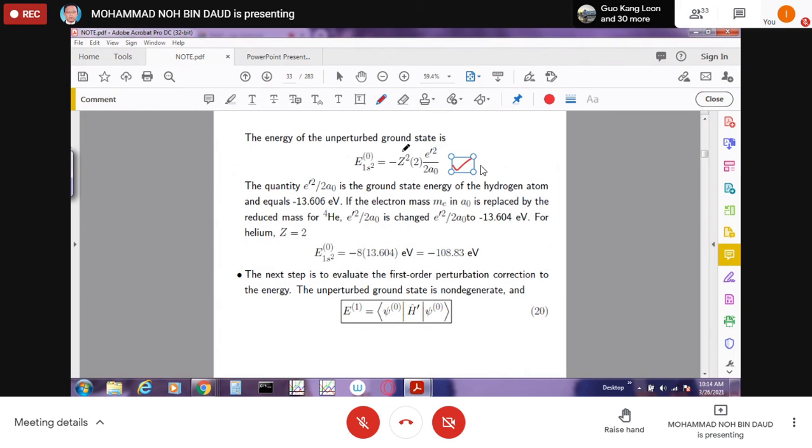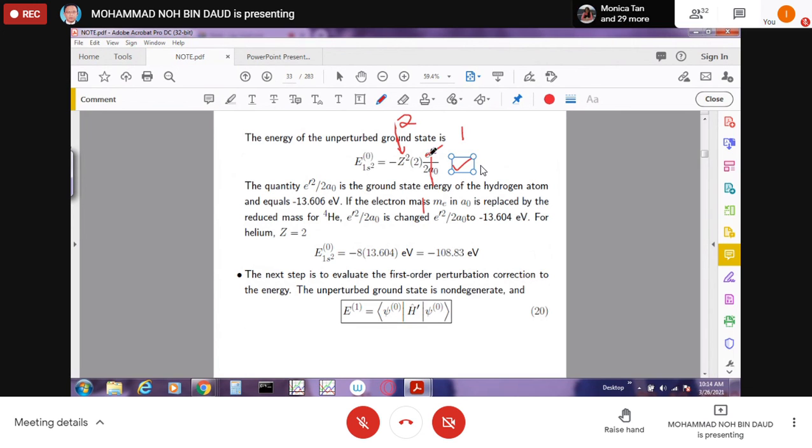So you can solve this. The number of protons here is 2, and this is 1 in atomic units. You can also convert the atomic units to electron volts.